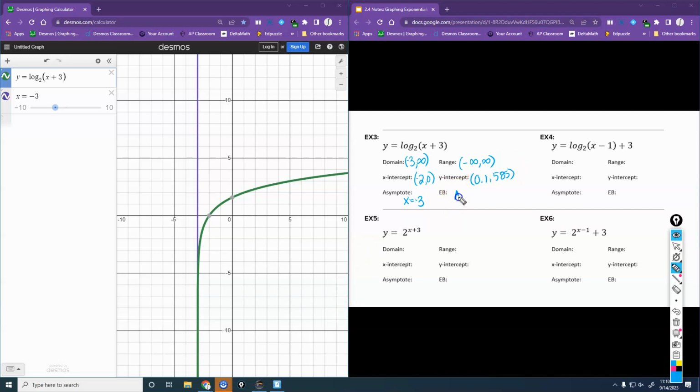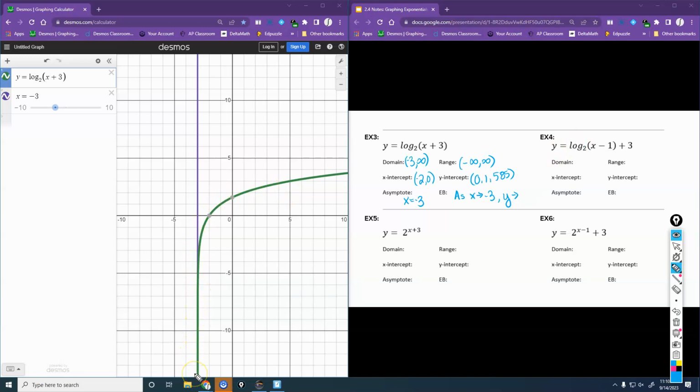All right. As x approaches, now technically on this side, do we approach negative infinity? Where do we stop on this graph? We don't go past -3. So as x approaches -3, what happens with our y?